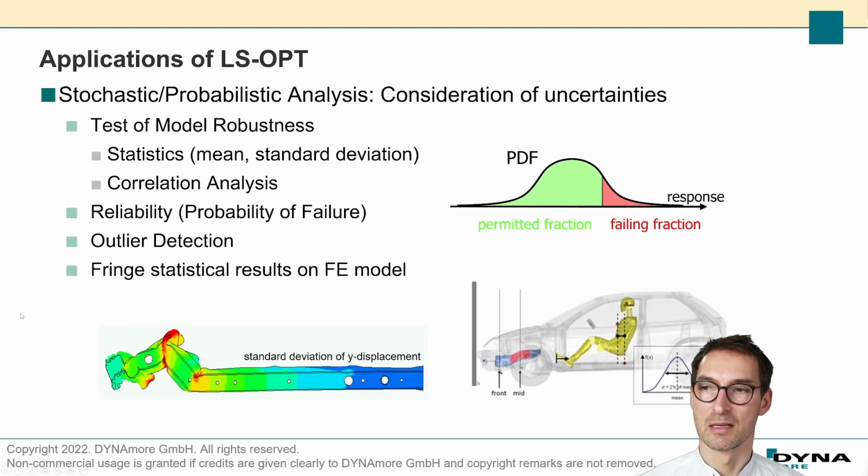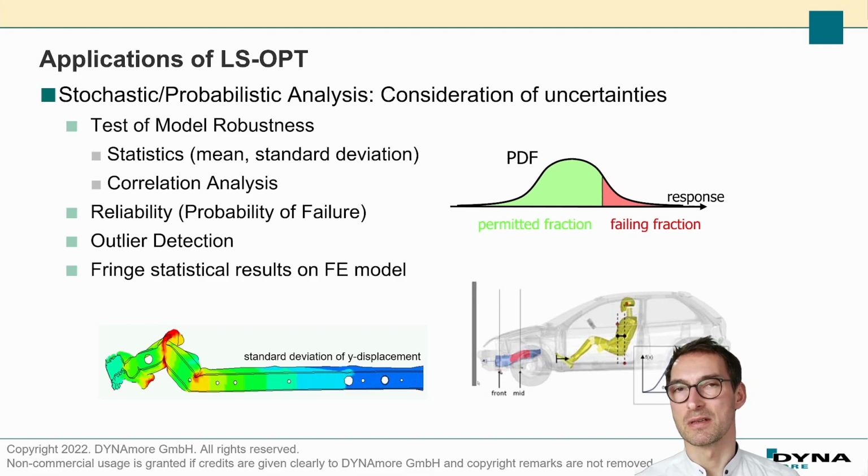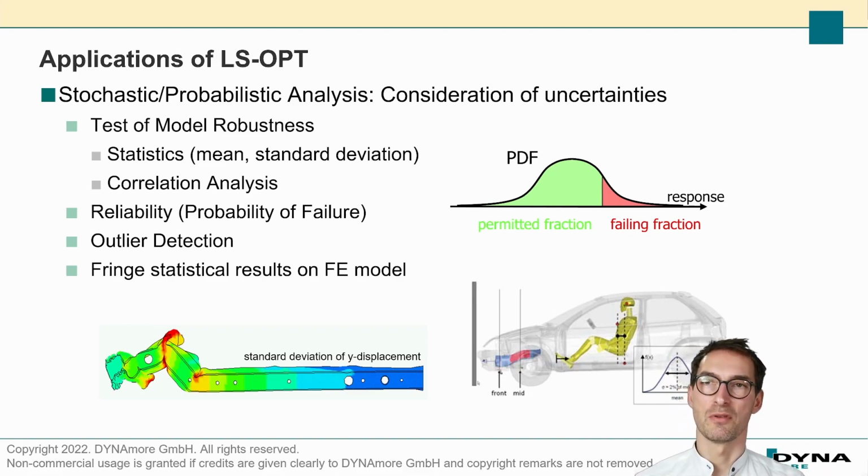Next one is the stochastic probabilistic analysis. So the question is, when you have a structure, any real material does have some fluctuation in the properties. So let's say not every steel produced from one manufacturer has the same properties. There are some fluctuations in it. Or if you have a sheet metal, the thickness of the sheet metal is changing. It's not always the thickness you want to have.